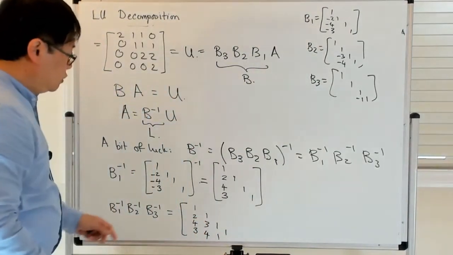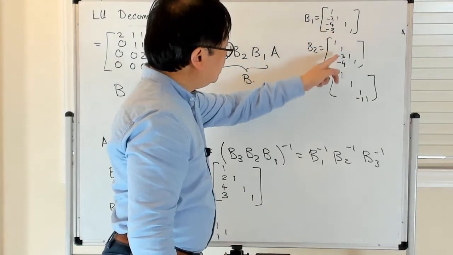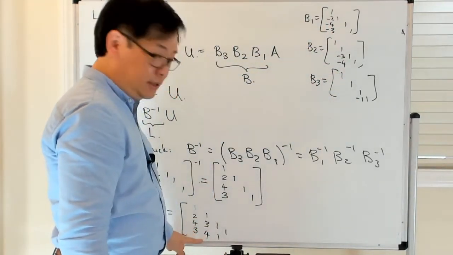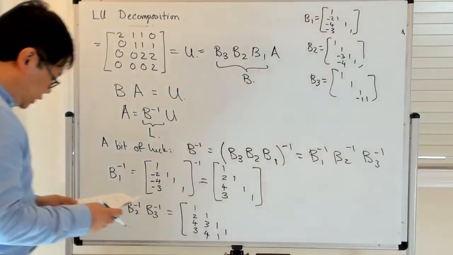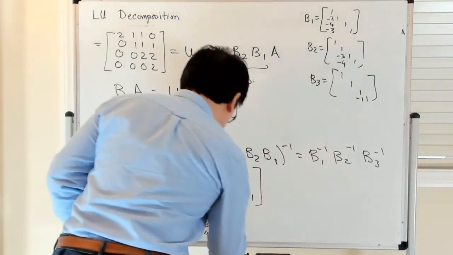So all those terms below the diagonal, I just have to put them all into this lower triangular matrix, but with the signs changed for the entries below the diagonal. Okay, so that's nice, right?